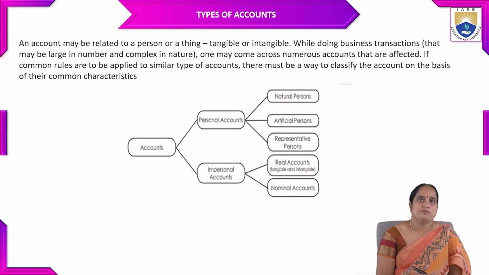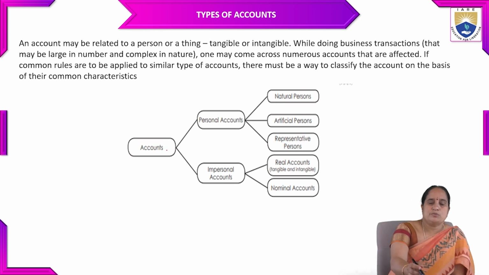Then coming to the types of accounts, an account may be related to a person or thing, whether it is tangible or intangible. While doing business transactions, one may come across numerous accounts that are affected. If common rules are to be applied to similar types of accounts, there must be a way to classify accounts on the basis of their common characteristics.